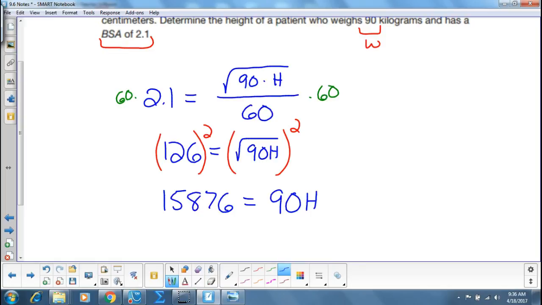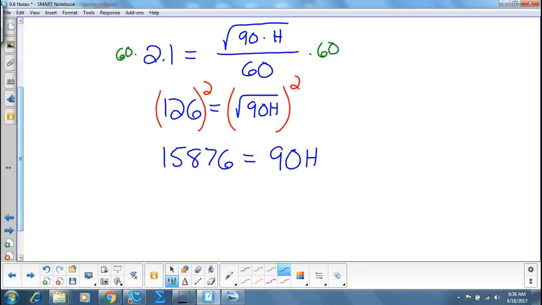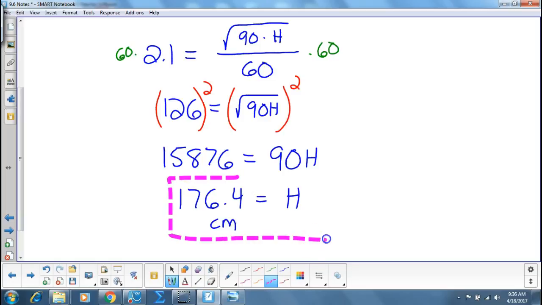Then divide by 90, we get 176.4 equals H, and that is, as we said in the problem, in centimeters. Boom. Okay?